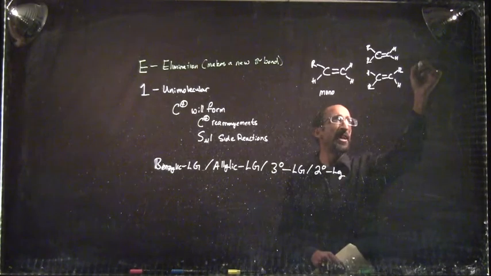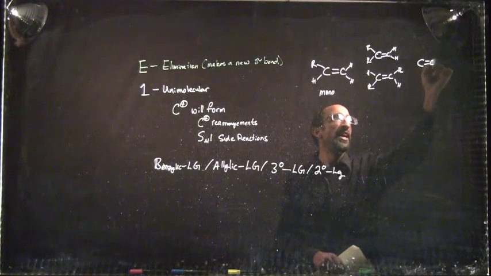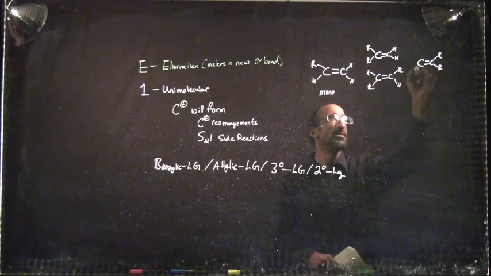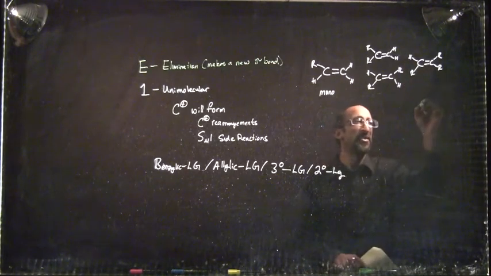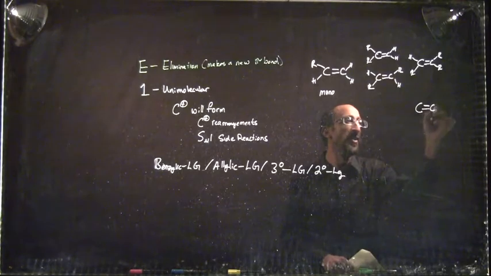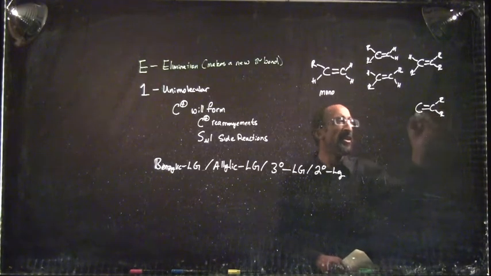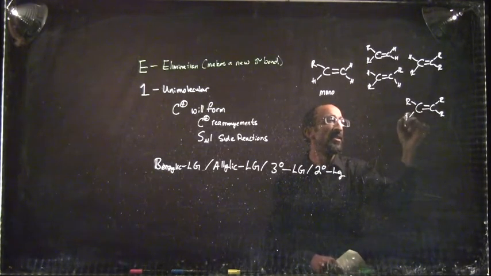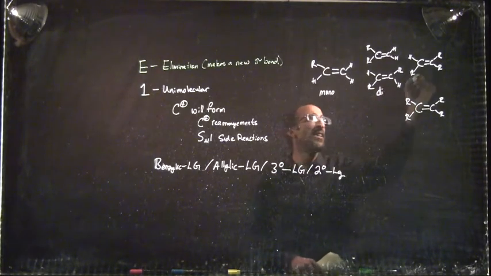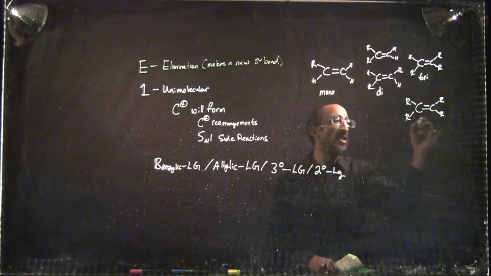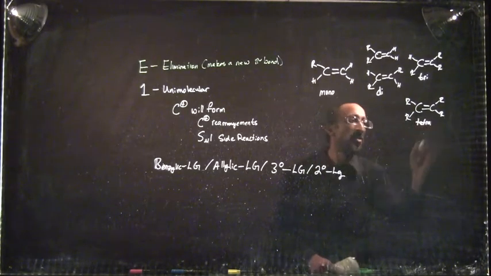I can have a trisubstituted alkene that has 3 R groups overall, or I can have a tetrasubstituted alkene, a fully substituted alkene. Each carbon of that alkene has 2 R groups on it. So we have mono, di, tri, and tetra.